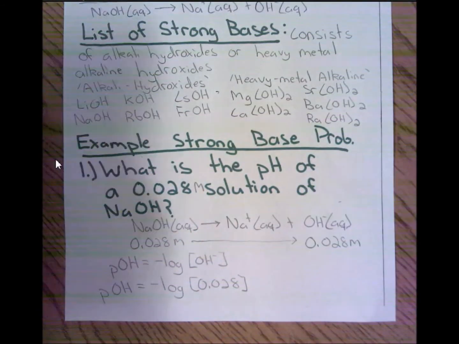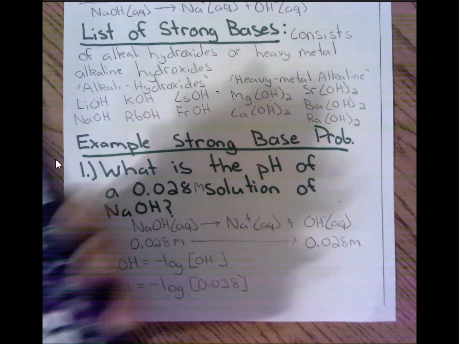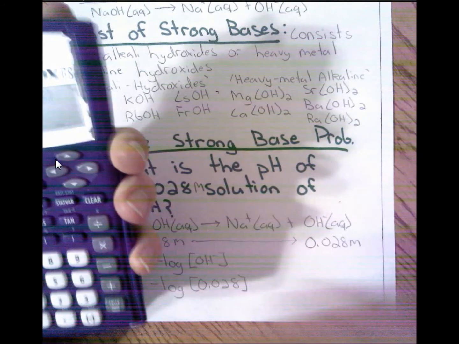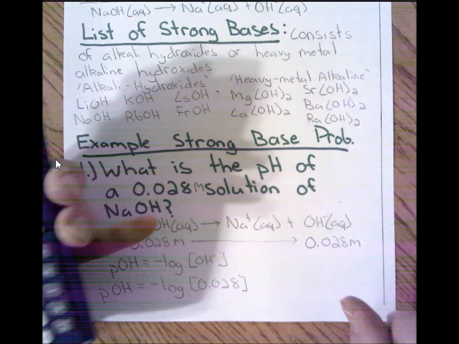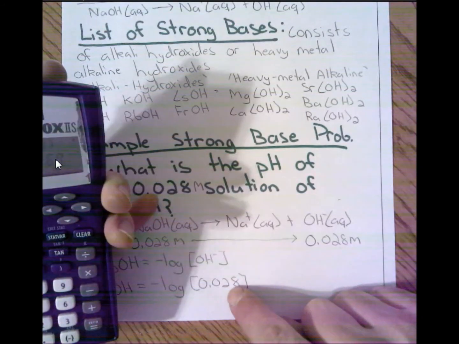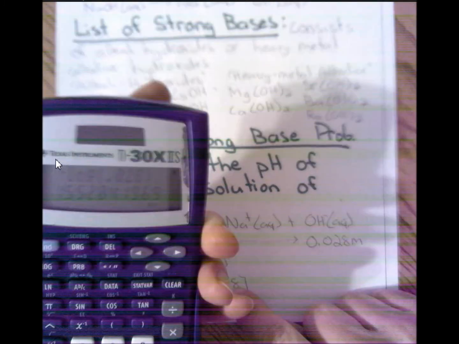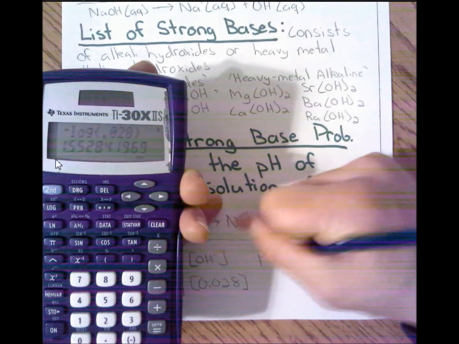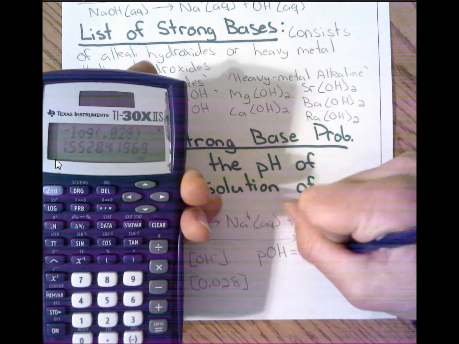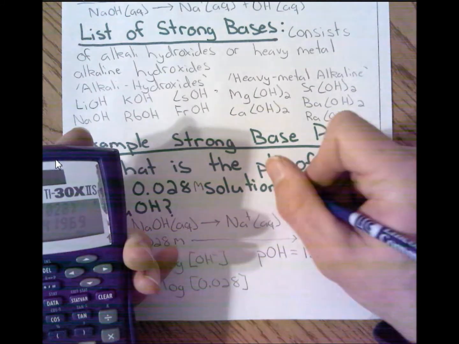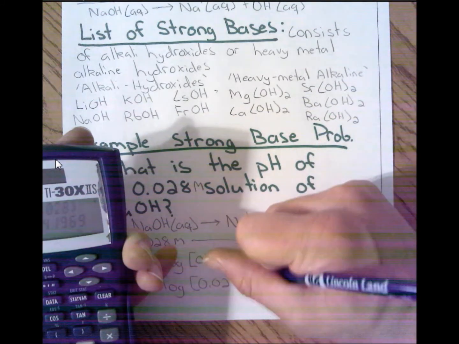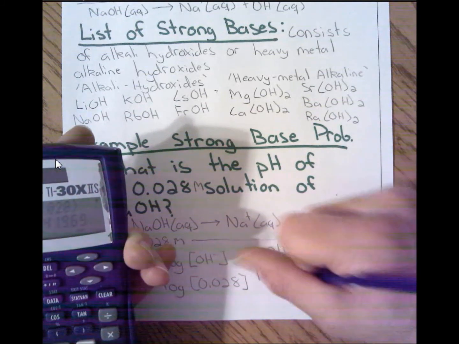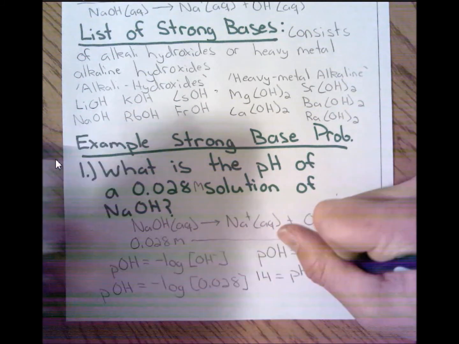And I'm going to round that to 2 digits because I only have 2 significant digits here. And so I get a pOH of 1.6. Now the problem wanted pH, and that's a more commonly used value. So we set 14 equals our pH plus our pOH, which we know. And so 14 equals our pH plus 1.6.